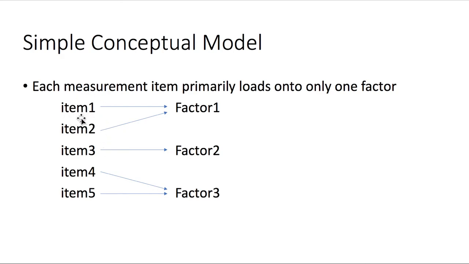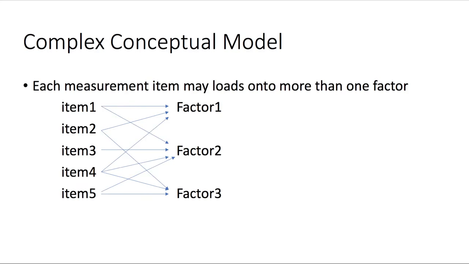For example, item 1 and item 2 have relationships between them, and both of them load onto factor 1, while item 3 loads onto factor 2, and item 4 and item 5 load onto factor 3.